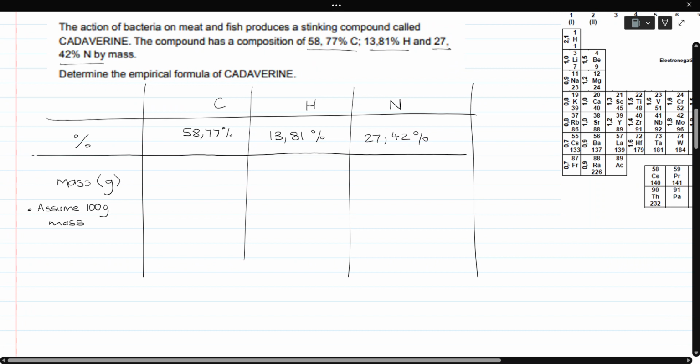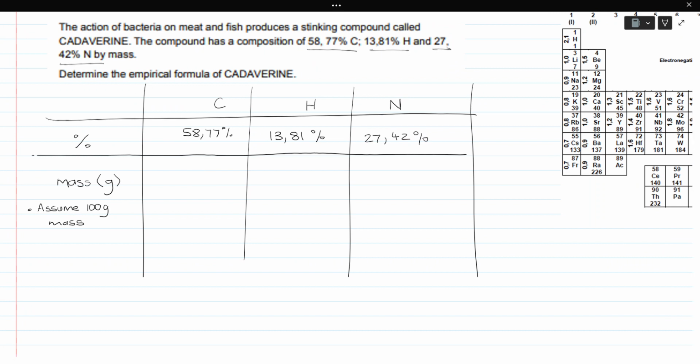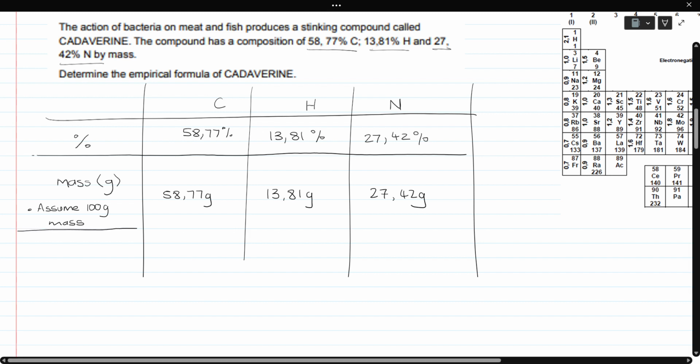It's because you are assuming that you've got 100 grams of mass. So what we're going to have now is 58.77 grams, 13.81 grams and 27.42 grams. Okay, so everything is simple now. We've just set up our work. We have everything in grams.